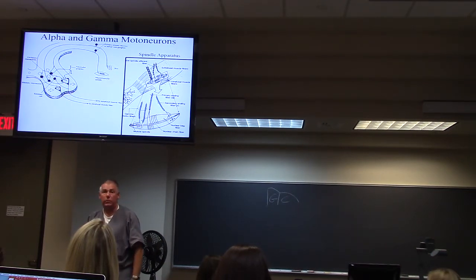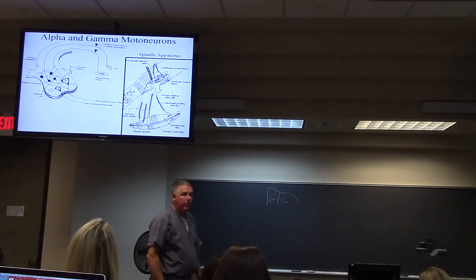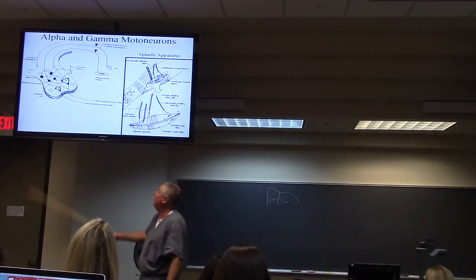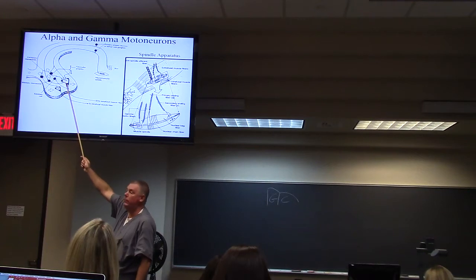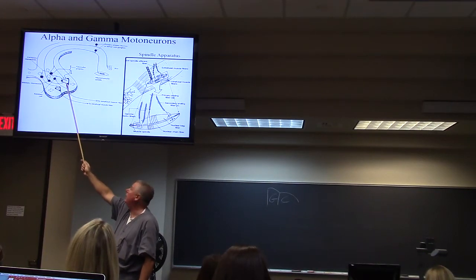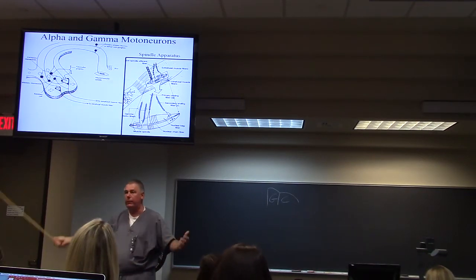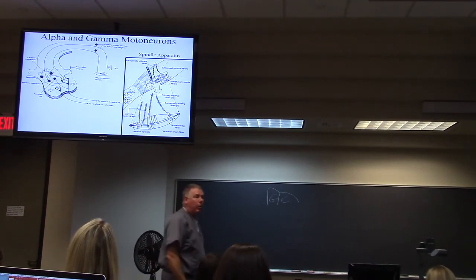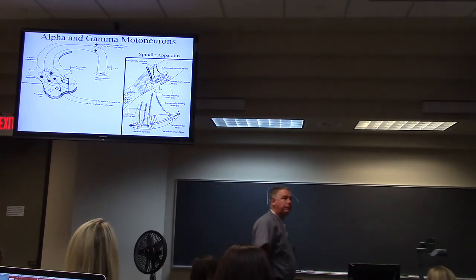Alpha motor neurons. Those are the predominant cell type. You would have, say, 100,000 of these to one of these, if you were to look at ratios. Alpha motor neurons are the predominant type.